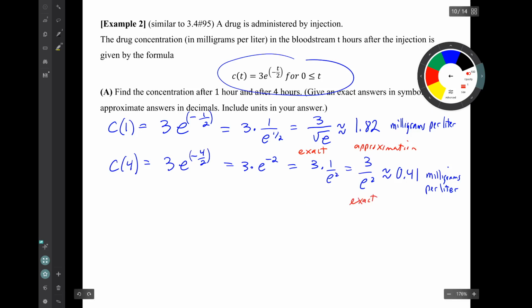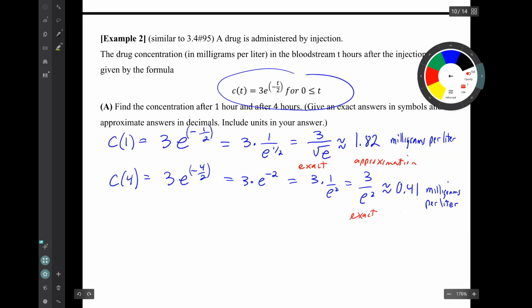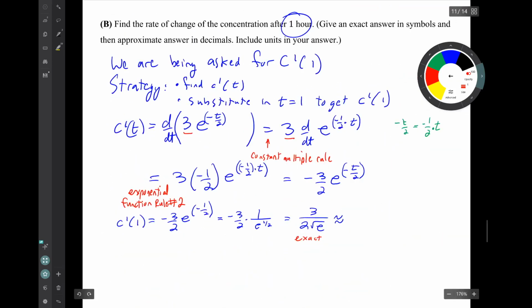The only way to write 3 over e squared exactly is to write 3 over e squared. And then we had this approximation. So in the current problem, there's our exact answer, and we'll type that into a calculator, and the result is 0.91. Now it looks like I've forgotten a minus sign. There's a minus here, and so the approximate answer is minus 0.91.